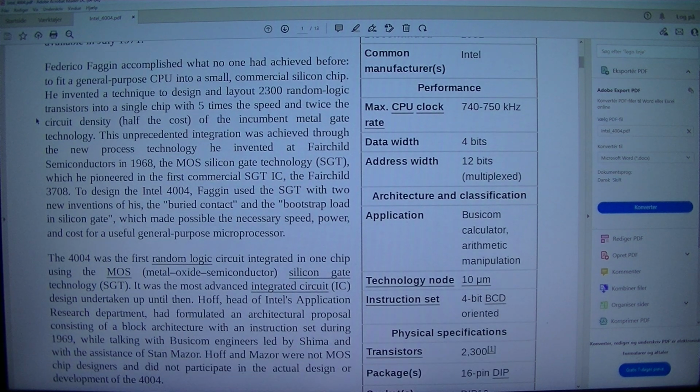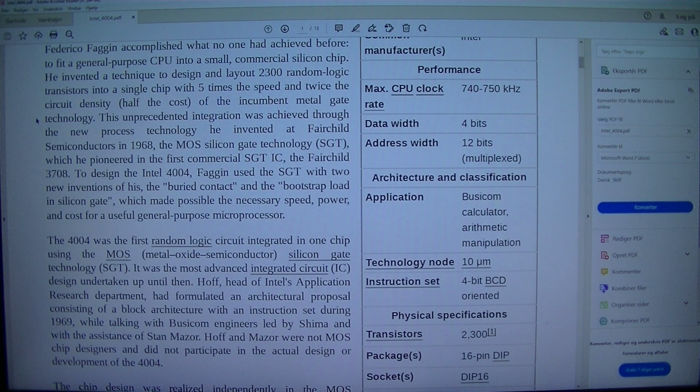This unprecedented integration was achieved through a new process technology he invented at Fairchild Semiconductors in 1968. the Mohs Silicon Gate Technology, SGT, which he pioneered in the first commercial SGT IC, the Fairchild 3708.